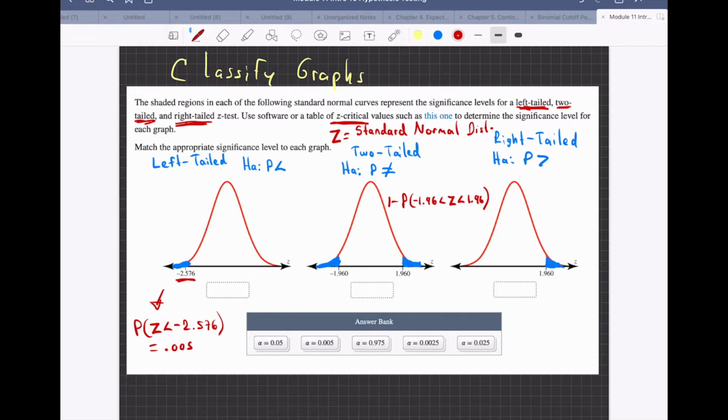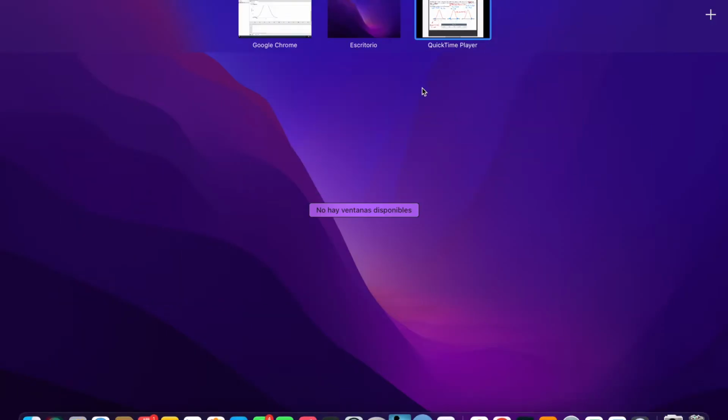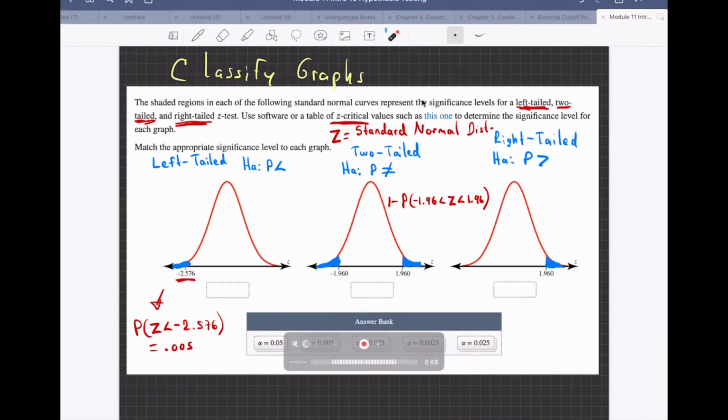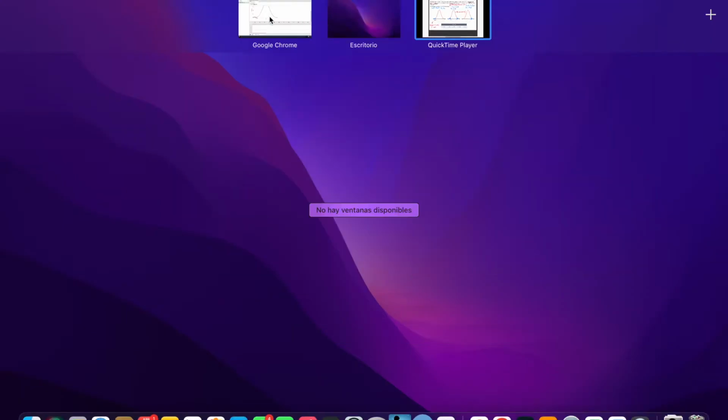So we need to find this probability first and then subtract it from 1. I think Minitab gives it to you directly. Let's see. But don't forget the number: negative 1.96 and 1.96. When you have a two tail, you're going to have the same number, but one negative, one positive.